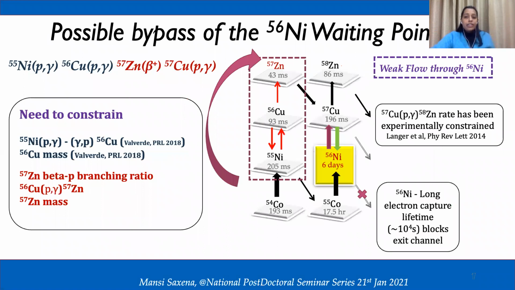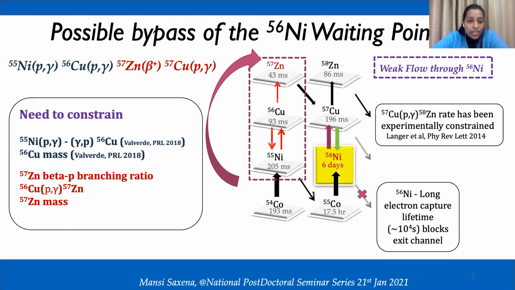So recently, a bypass around this 56Ni point has been suggested and pursued. The alternate reaction path breaks out at 55Ni and follows the reaction sequence through proton capture to 56Cu and 57Zn, hence completely bypassing the 56Ni waiting point.